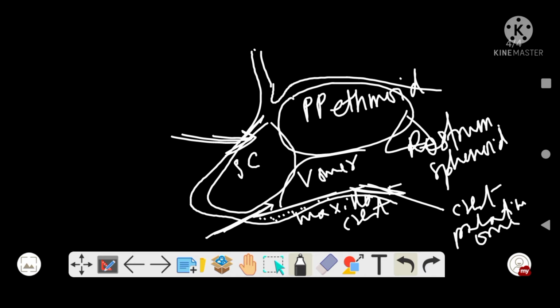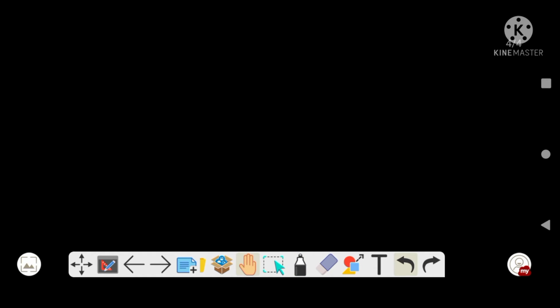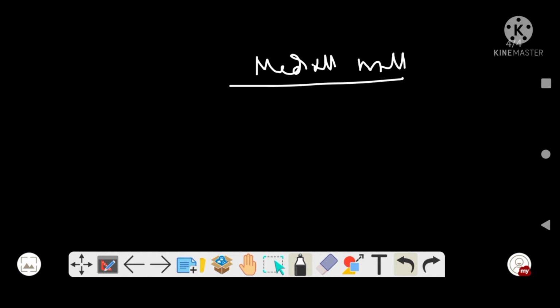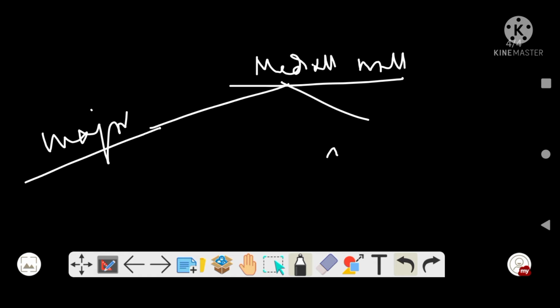So this is just an illustration of your medial wall. But the question that usually comes from this section is the major and minor contributions of the medial wall of the nose or nasal septum. What are the major contributions? What are the minor contributions? That we are going to see here.